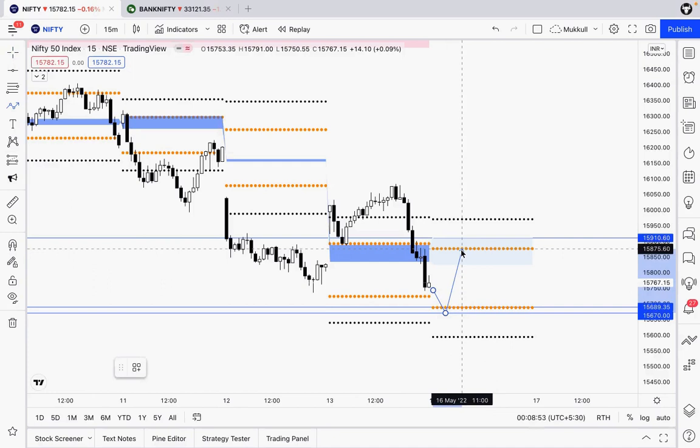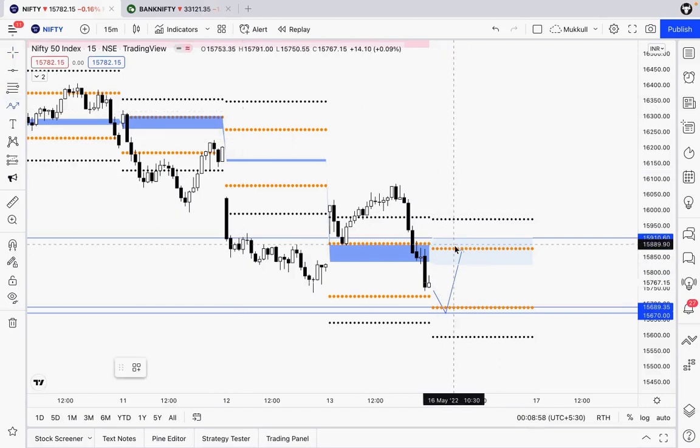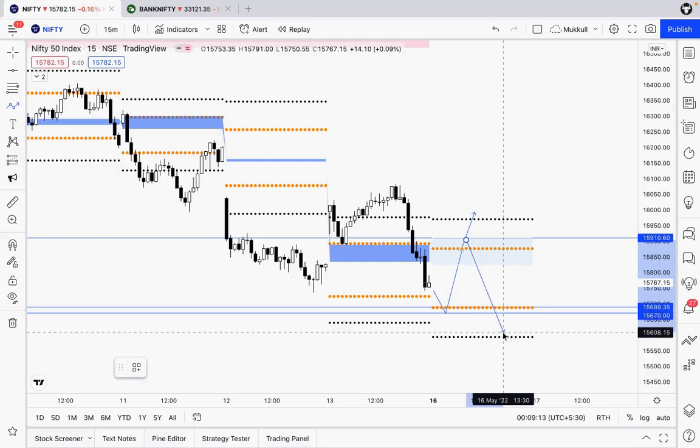Okay. Now from here, what we can do? From here, we can see two possibilities. Either we break it on the upside, or we can come till here and reverse again for this particular level.